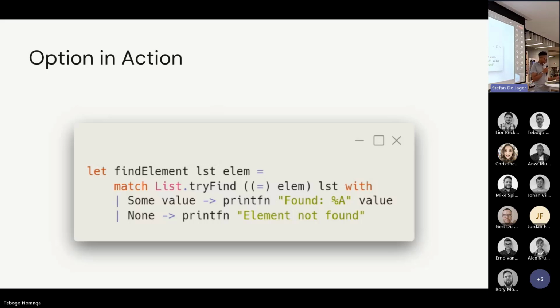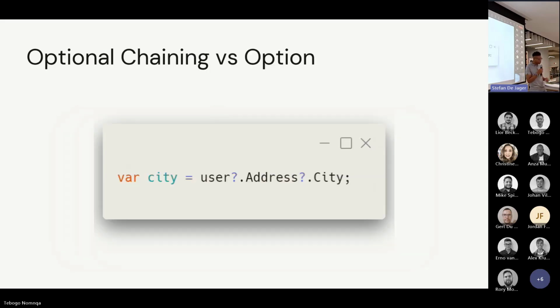There is an alternative mechanism I'm sure many of you know about. It's optional chaining. It's a safe way for you to access nested properties without explicitly checking for null references.